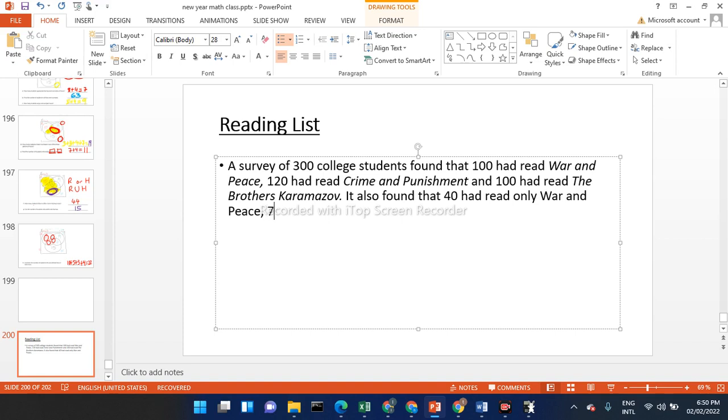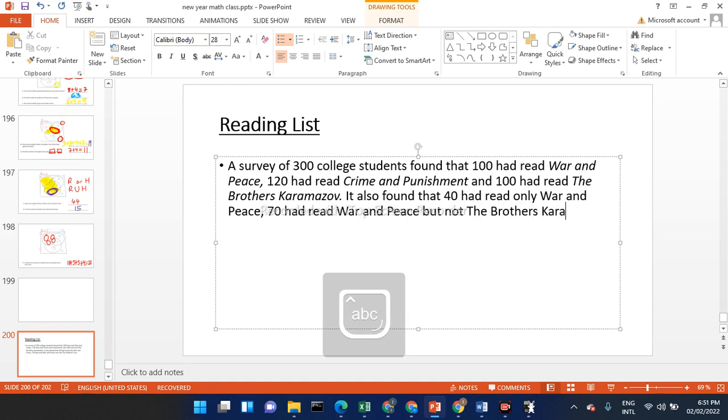Seventy had read War and Peace, but not The Brothers Karamazov.